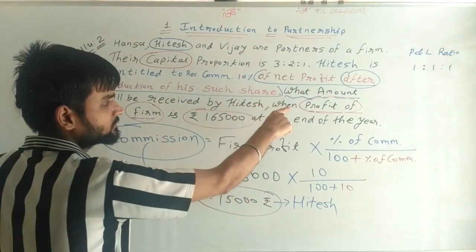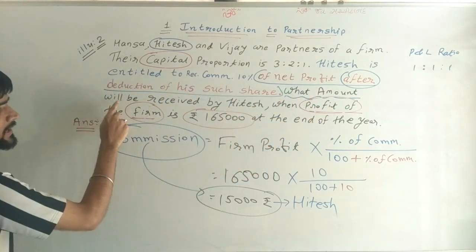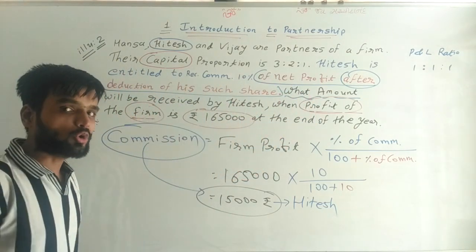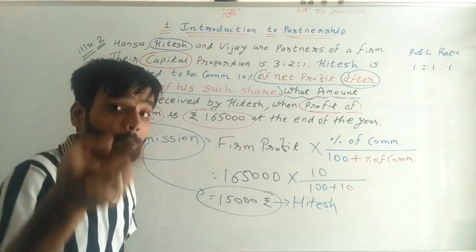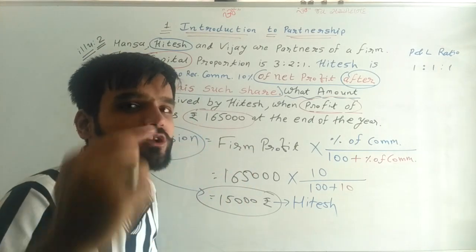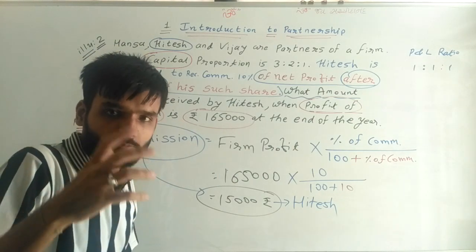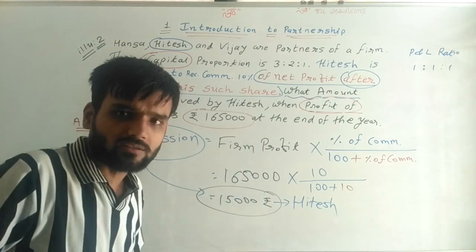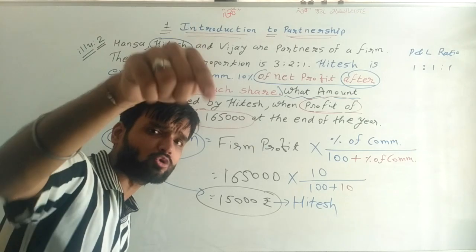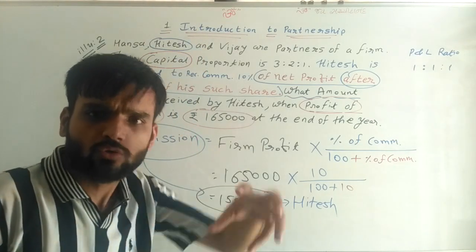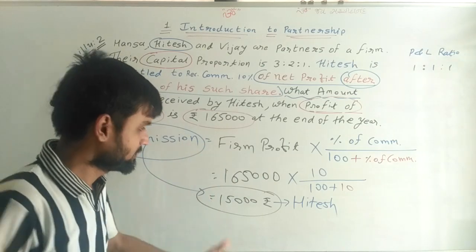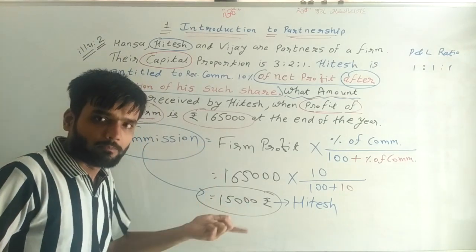What amount will be received by Hitesh? So Hitesh will receive 15,000 commission plus profit also. The profit which is distributed among the partners is also given to Hitesh, and that's why Hitesh gets commission plus profit.